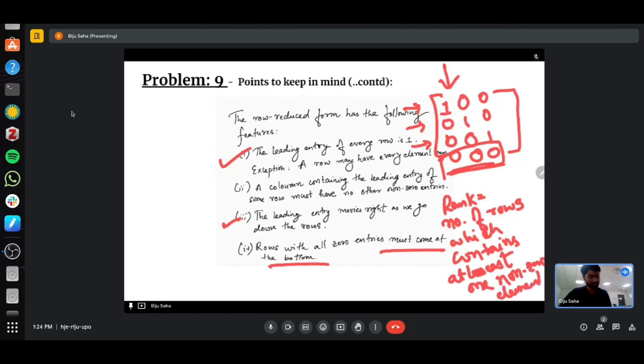In this case, this is a 4 cross 3 matrix, but the rank of this matrix is 3 because the fourth row has all elements 0, so we don't count that row. There are 3 such rows, so the rank for this matrix is 3.